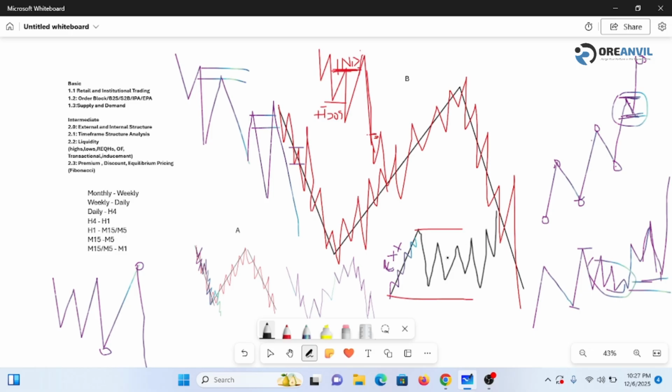So let's assume the black is our 5 minutes. The black, which is the external structure, is our 5 minutes, and the green is 1 minute.